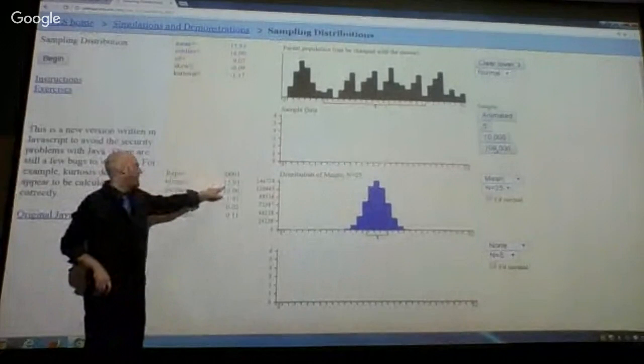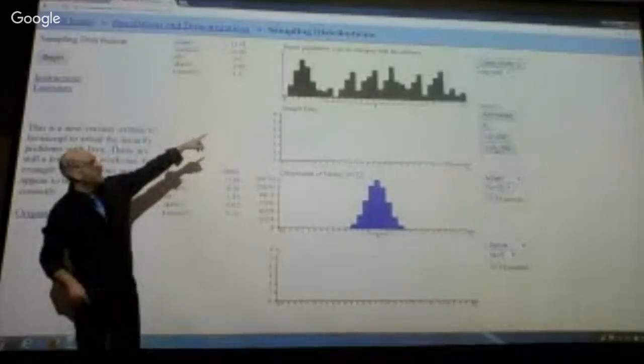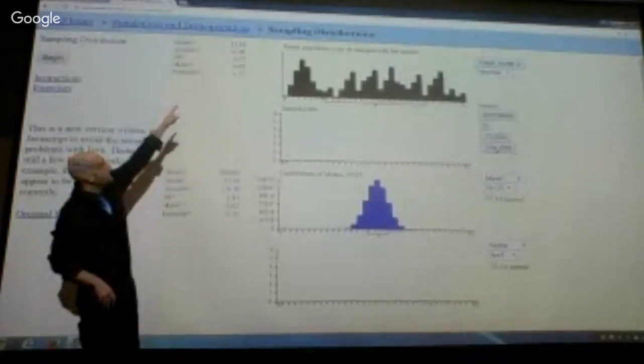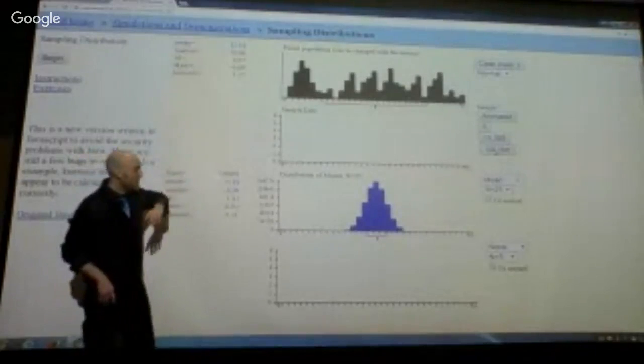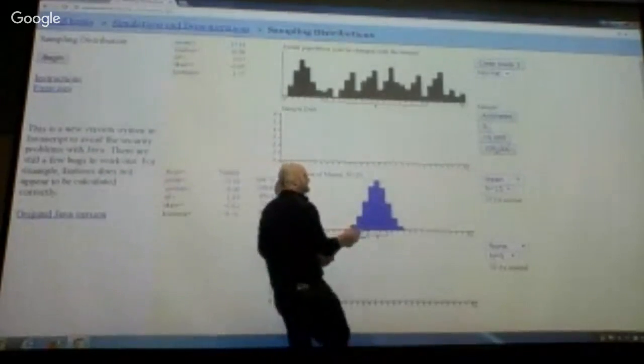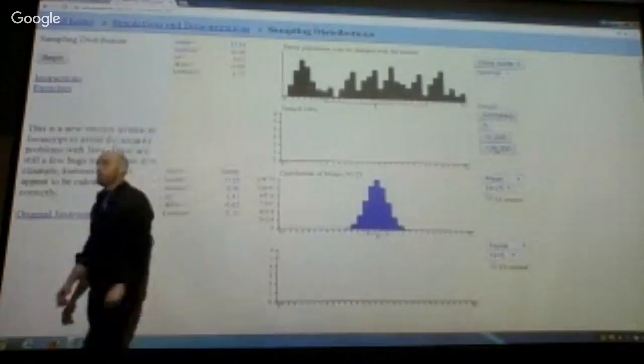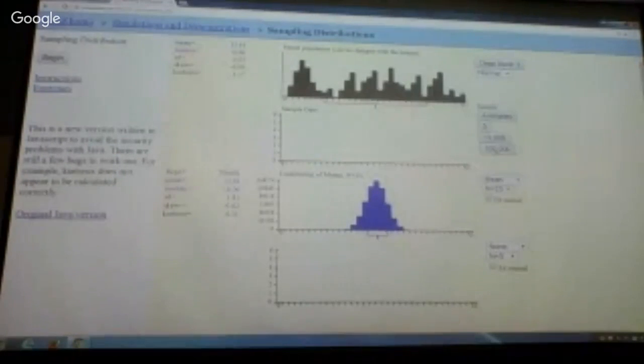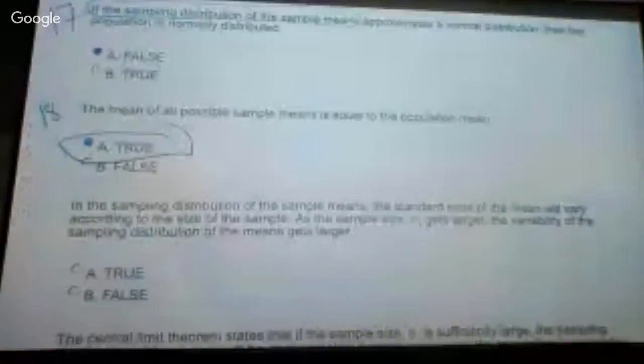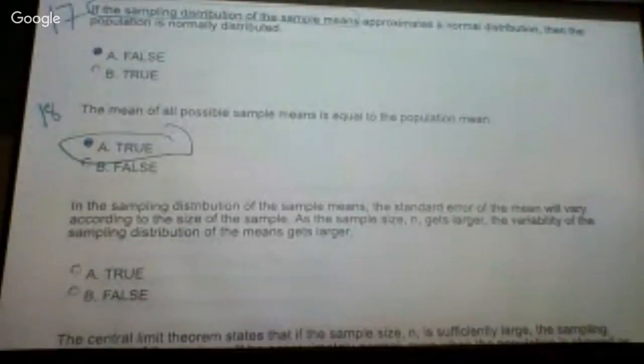But the mean of these blue dots is about 16, 15.93. That's the skyline up there, and the mean of it is 15.93. The mean of all these blue dots, all these sample means, is the mean of the population. The mean of all the means is the mean. 18 is A.